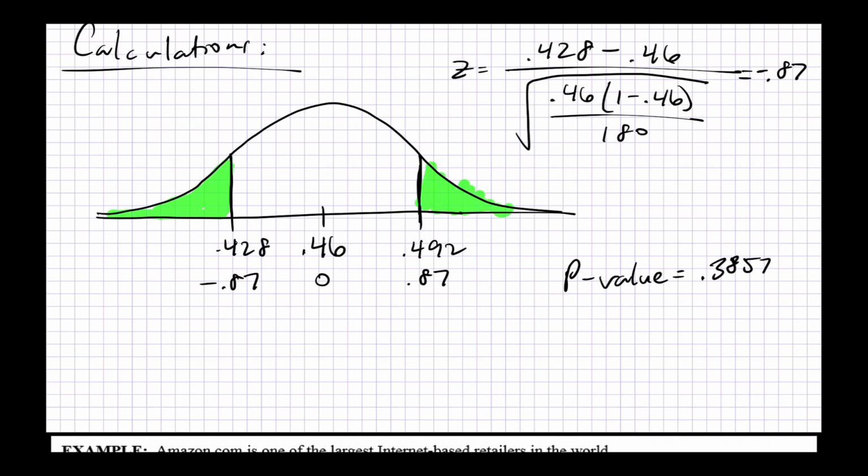So if I cut it in half, we get 0.19285. Okay, so each of them was almost 19%. Pretty big. Together, they're 0.3857.